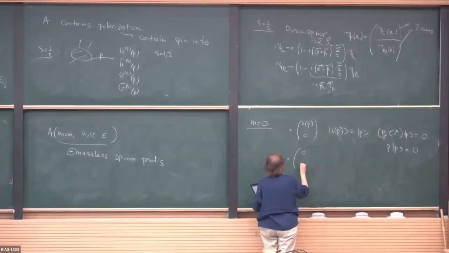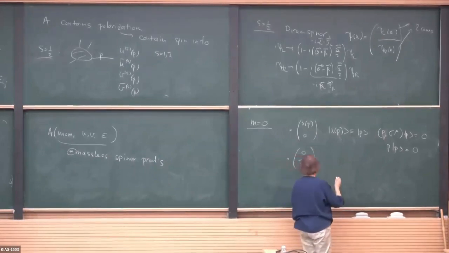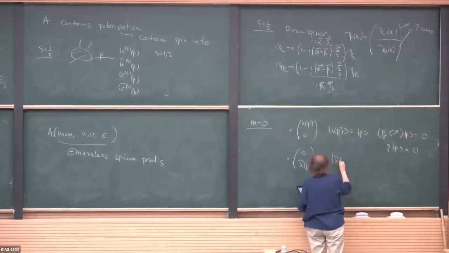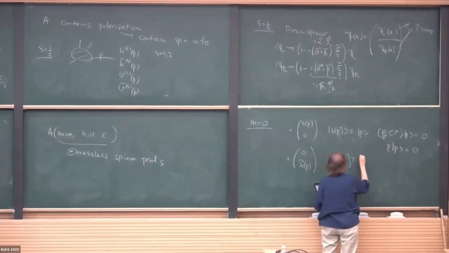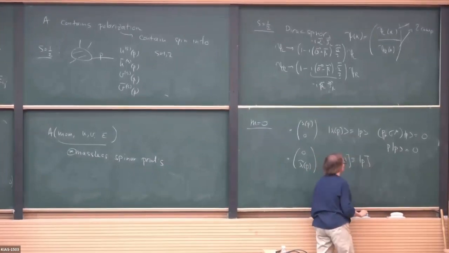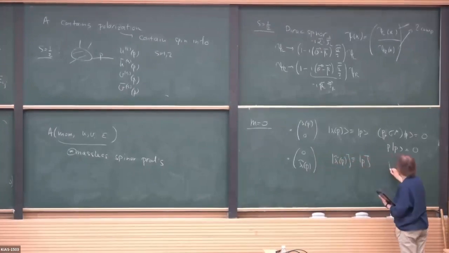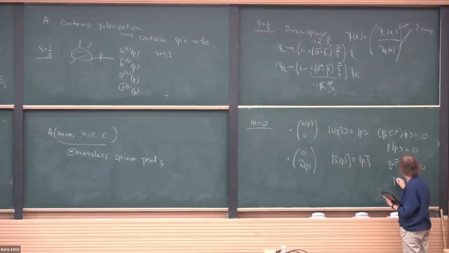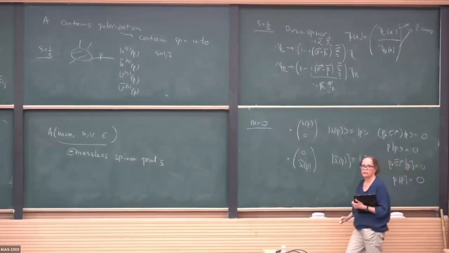And then we also have this guy. We're going to label it like this. And this guy satisfies P mu sigma bar mu P equals 0. And again, I can write this just as P P equals 0.